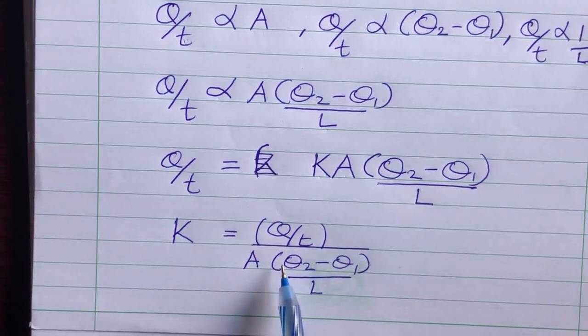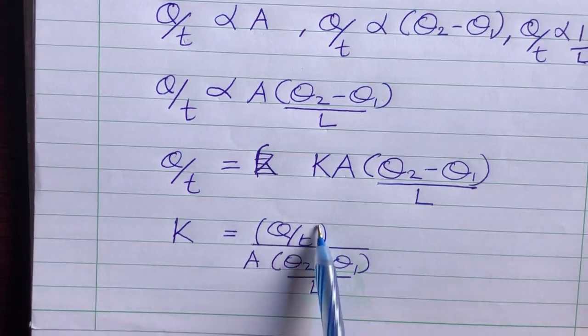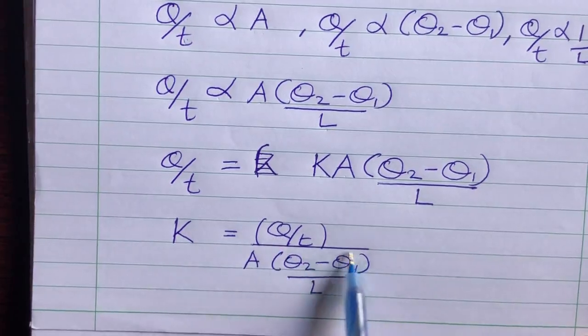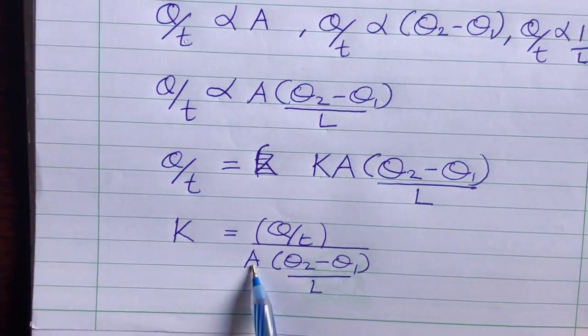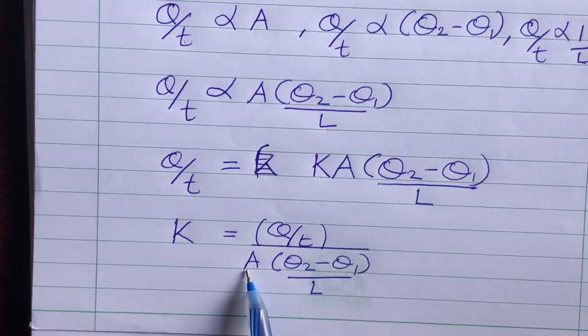And from this formula, we can also get the definition of thermoconductivity, which is the rate of heat flow through a material per unit temperature gradient per unit cross-sectional area. Please, that word should be cross-sectional area, not area alone, because we have two types of area. If you write area alone, you might be meaning surface area. So take note of that.